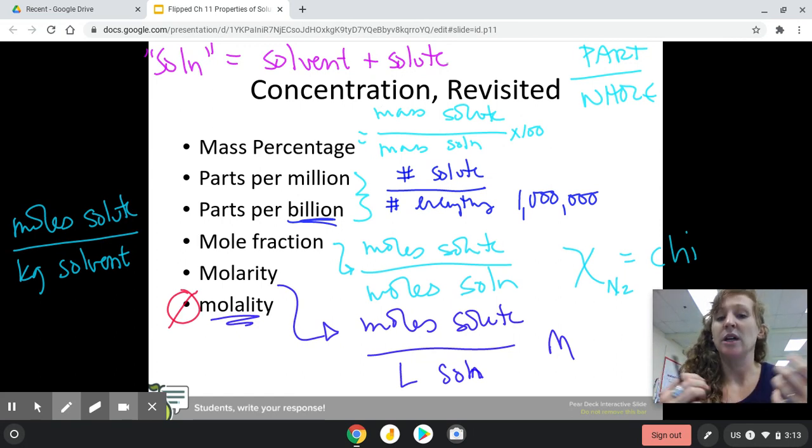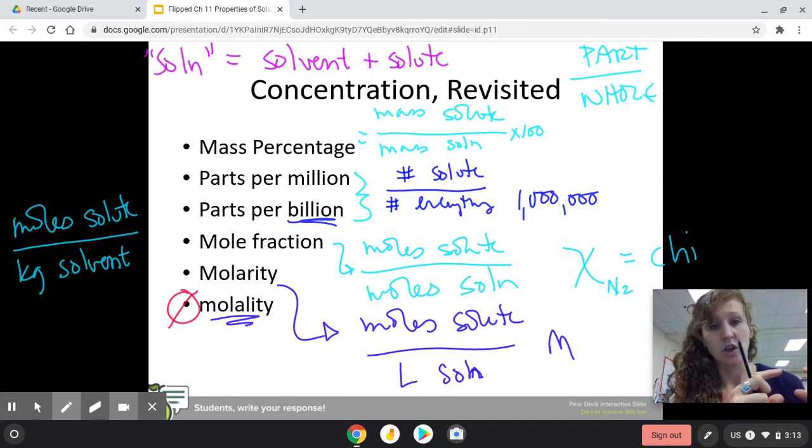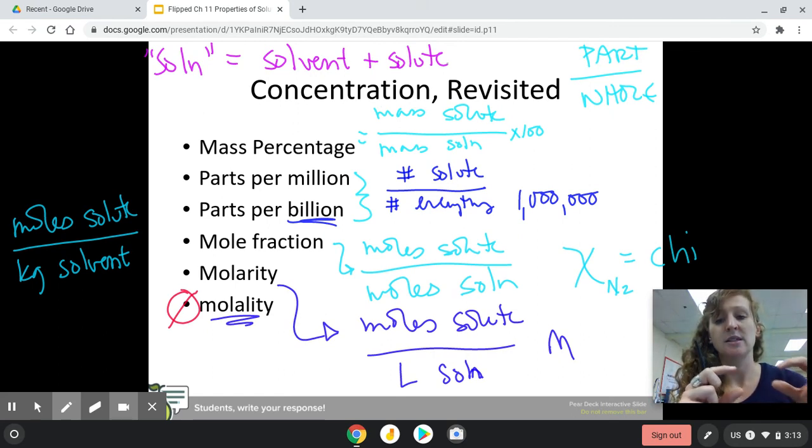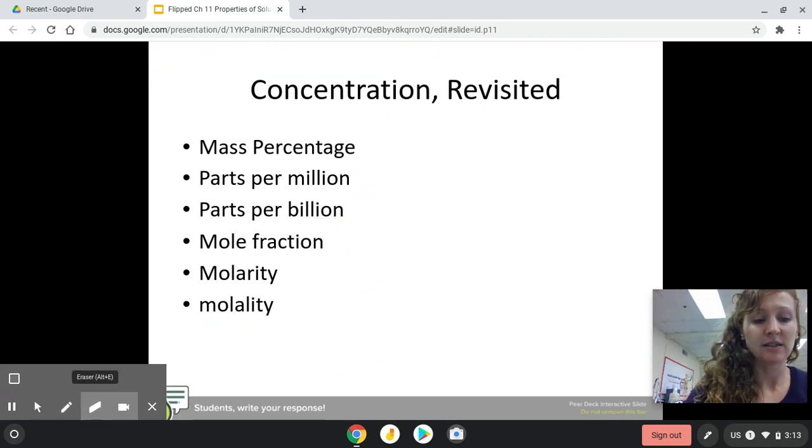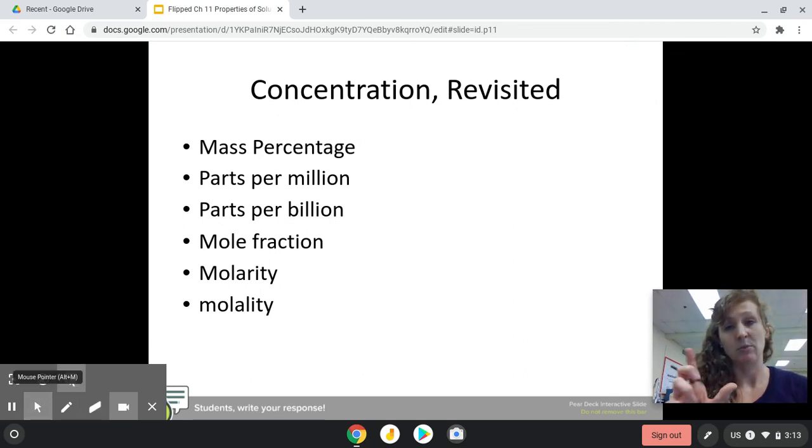Same thing with mole fraction. Your denominator there could be moles of solution, or it could be moles of solvent plus moles of solute. Same thing with molarity. Liters of solute plus liters of solvent, or liters of solution, whatever is more convenient for you. So when we start to manipulate in and out of all of these things, you may want to separate that denominator out.